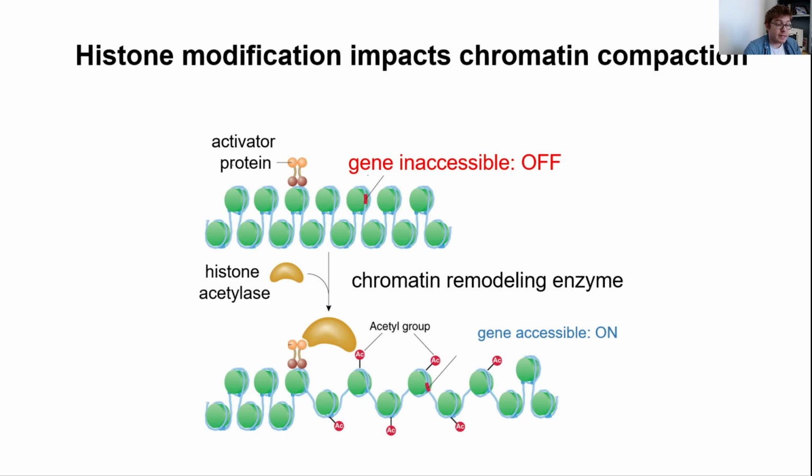These acetylation marks make the chromatin structures less compact. So if a histone acetylase comes along, it acetylates the nucleosomes. These nucleosomes are less prone to being packed together, and that helps make this portion of the chromatin more accessible to other enzymes in the transcriptional machinery.